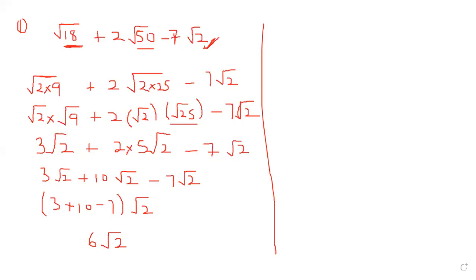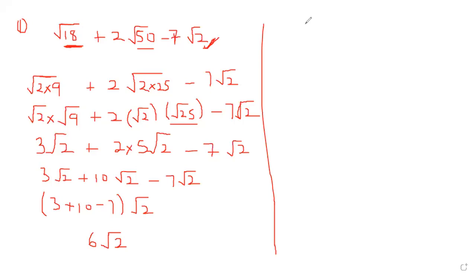Sir, please, you see the square root of 18? Yes. Sir, please, you can start with 9 square root 2, then plus 2 times 5 square root 2, then minus 7 square root 2, without using 2 times 9 square root 2 plus the first solution you made.